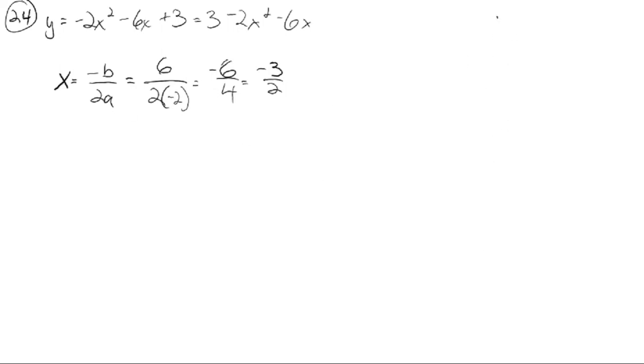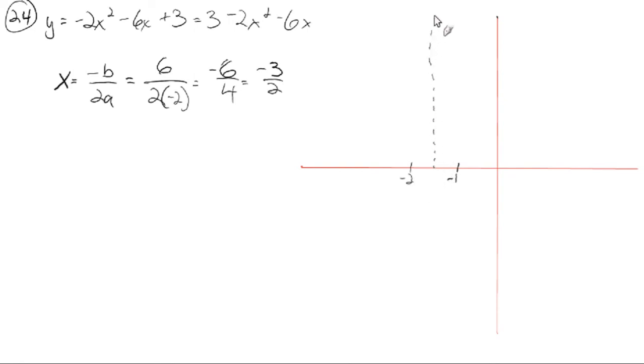So when we go to graph this here, we'll find the axis of symmetry is at negative 3/2. So let's say this is -1, -2. This will be negative 3/2. So here is our axis of symmetry.